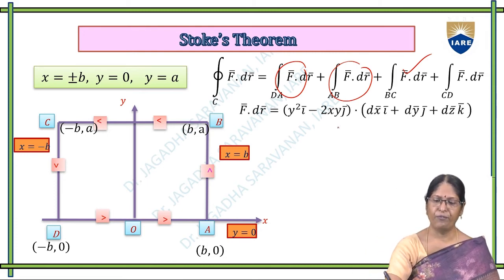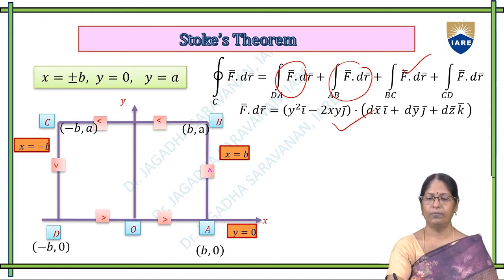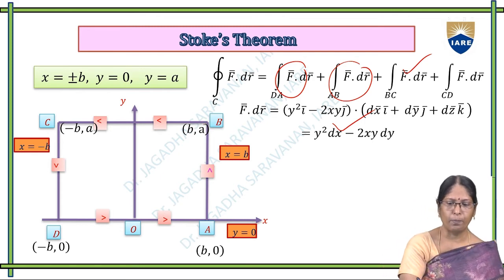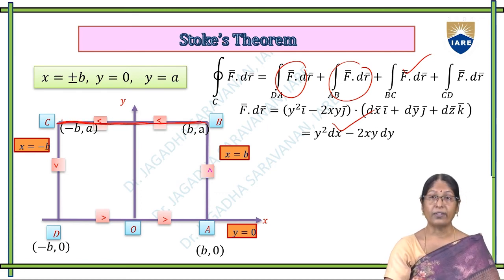We know that for every line integral, the formula is F dot dr. Already we did it in advance, and we are writing it on each slide: y square dx minus 2xy dy. From B to C we are moving in the x direction.